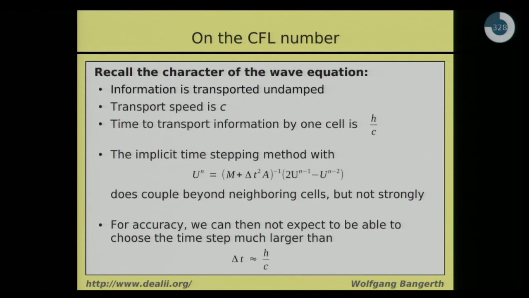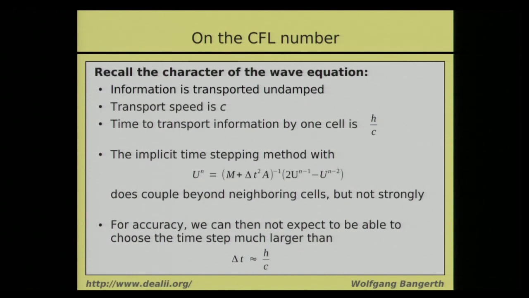For implicit time-stepping methods, I had no such restrictions. I had no stability limit. But if you think about what actually happens here, you now need to invert this sort of matrix, m plus delta t squared a, in every time step. So the ith component of the solution vector does depend on all of the other components of the solution vectors at times un minus 1 and un minus 2, because the inverse of this matrix is typically a full matrix.